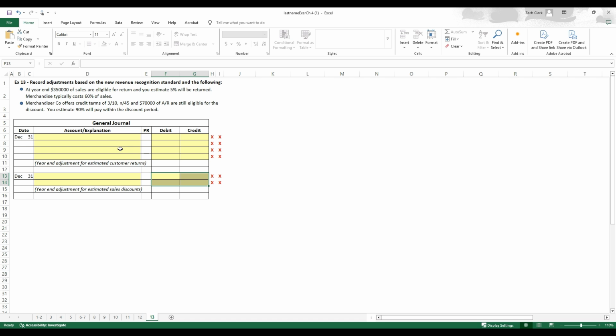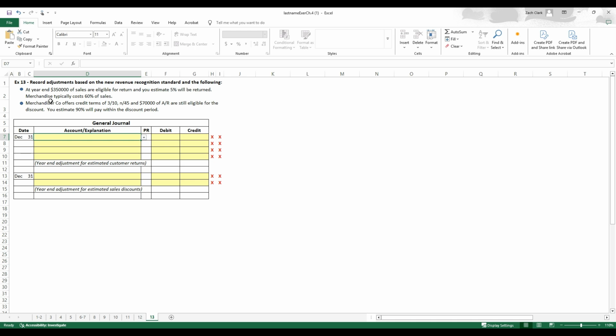All right, on to number 13 here. In these two entries, we're going to do an adjusting entry and an allowance entry to account for the fact that we have some estimations of returns and sales discounts that are still out there.